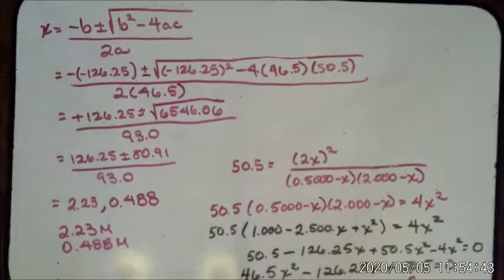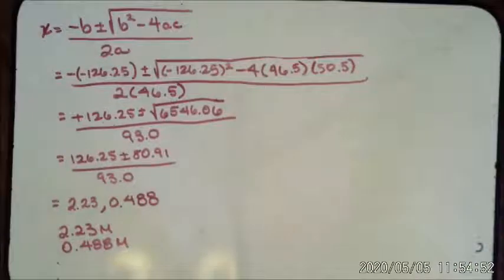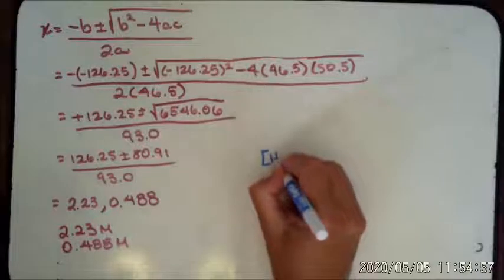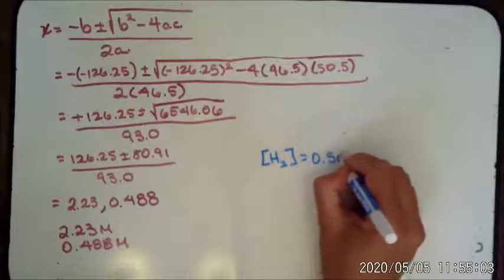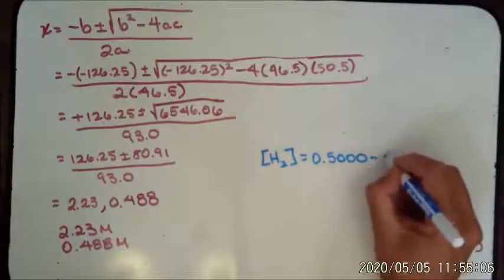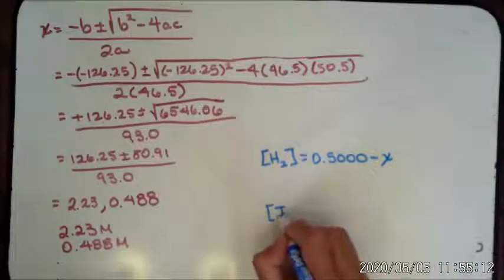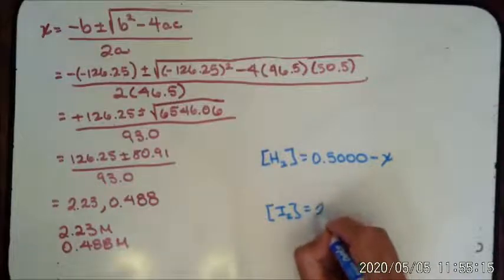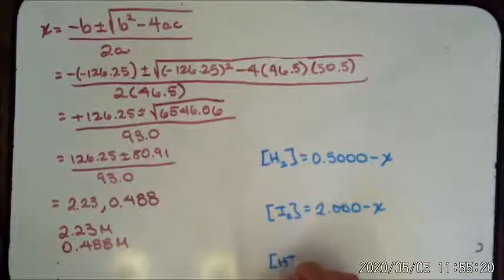Okay, so let's go back to our expressions. We said for the hydrogen gas, that was going to be equal to the 0.5 minus x. For the iodine, it was going to be equal to 2 molar minus x. And for HI, it was going to be equal to 2x.